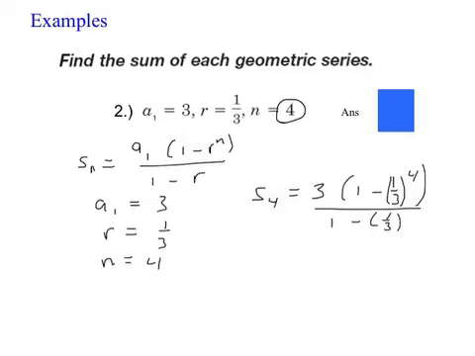Okay, here's what I have when I simplified it. S sub 4 is equal to 3 times 1 minus 1/3 to the 4th power, which is 1 over 81.